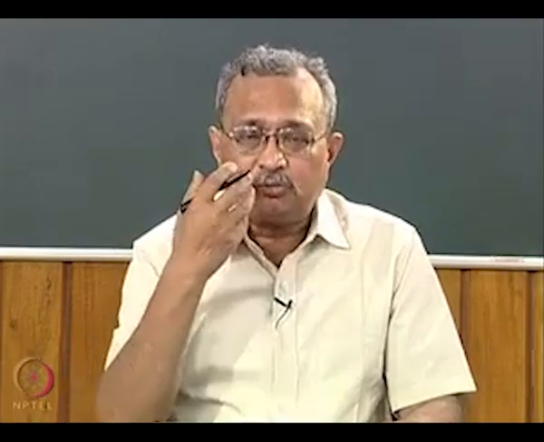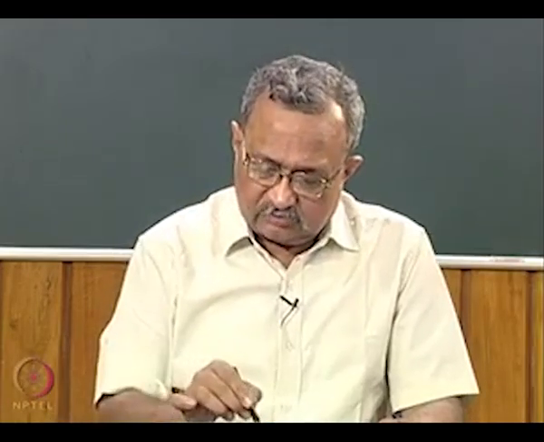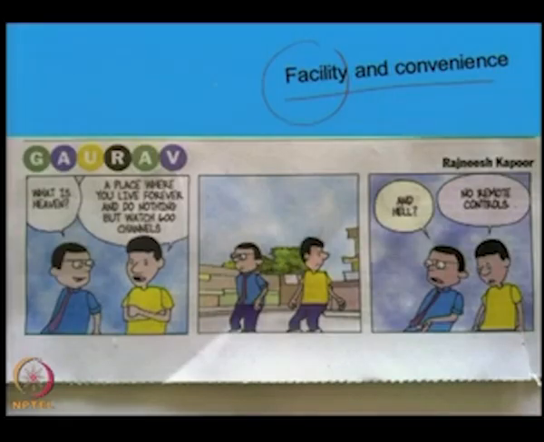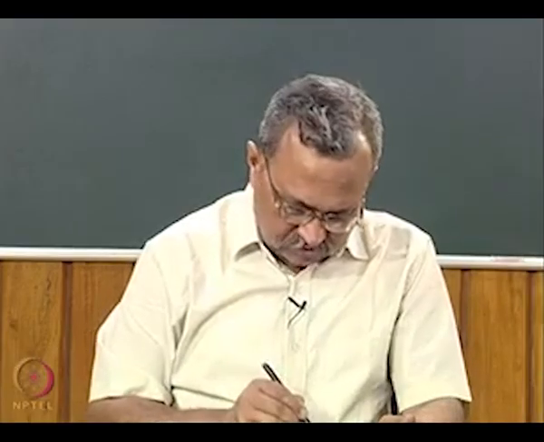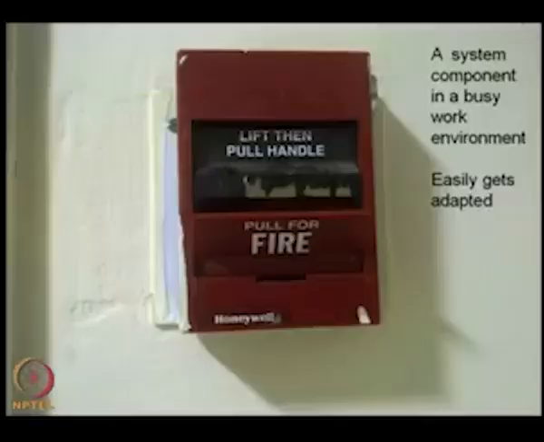It means the human issues in relation to those factors: not only are facility provisions necessary, but the convenience to use those facilities also needs to be seen. Like this equipment here, showing a fire hazard equipment placed on a corridor.